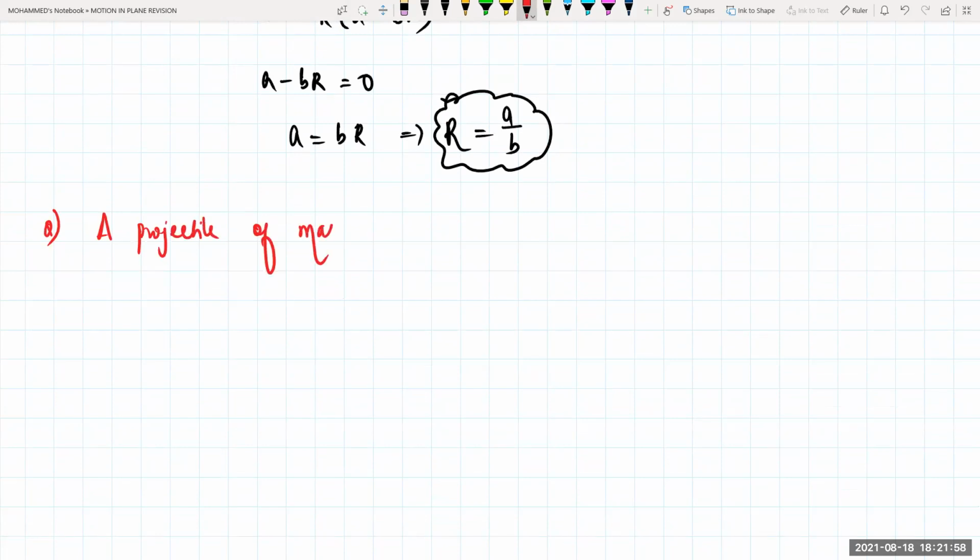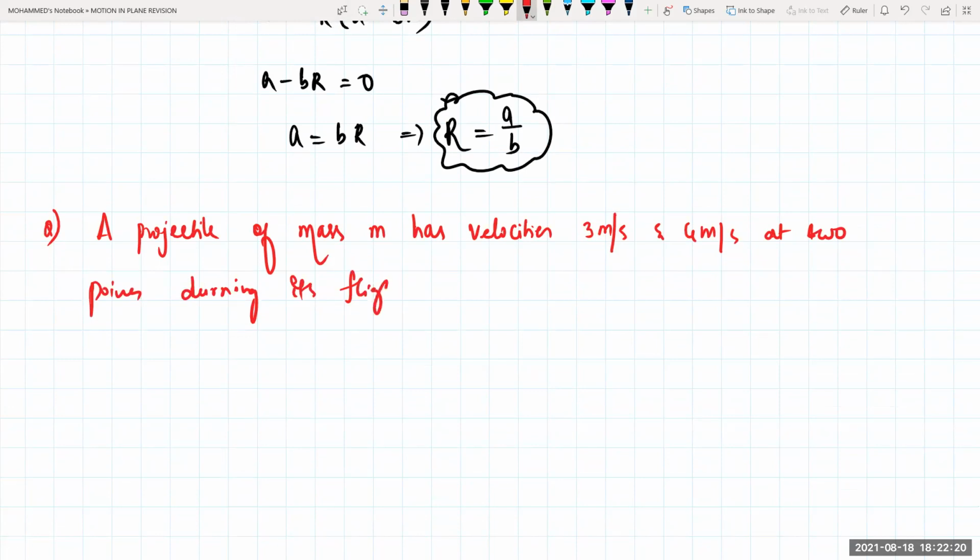of mass m has velocities 3 meter per second and 4 meter per second at 2 points during its flight in the uniform gravitational field of your Earth.